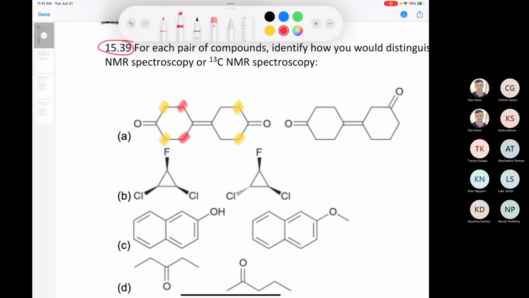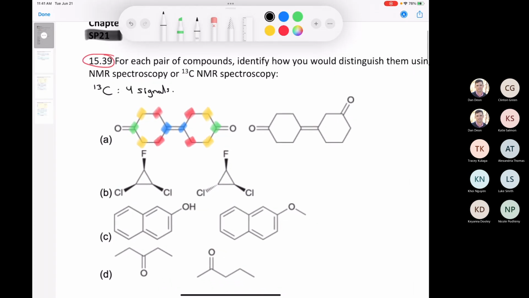If you look at these four carbons, they are all equivalent. If we look at these two carbons, they're equivalent. And then if we look at these carbons, they are equivalent. So what that means is that in the carbon-13 NMR spectrum, we would only see four signals.